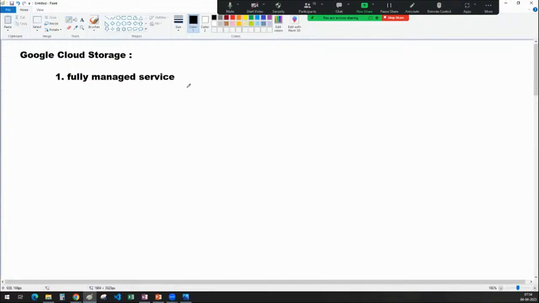The rest, you have to create your own application. You have to understand how Google Cloud Storage operates, and only then will you understand what is meant by a fully managed service. Google Cloud Storage operates with the help of buckets and files. With a fully managed service, all the physical infrastructure and virtual machines are taken care of by GCP, and you have to provide the bucket configuration.